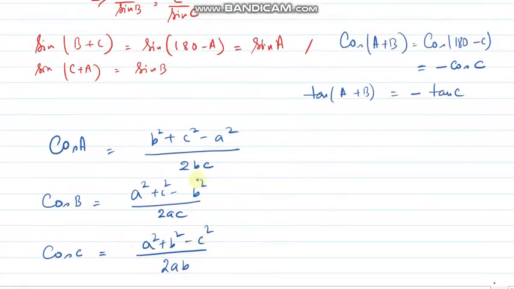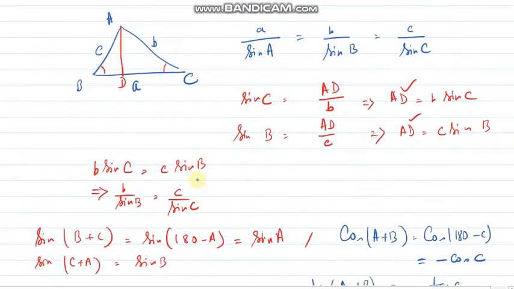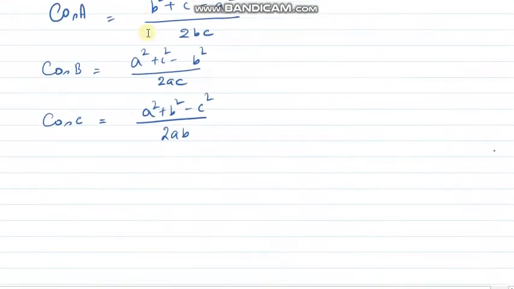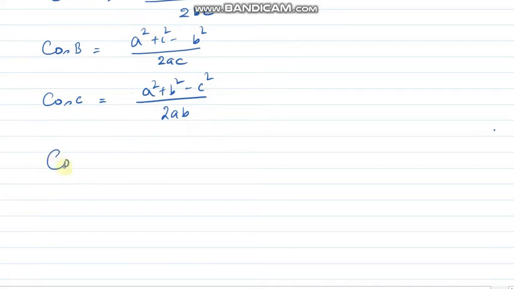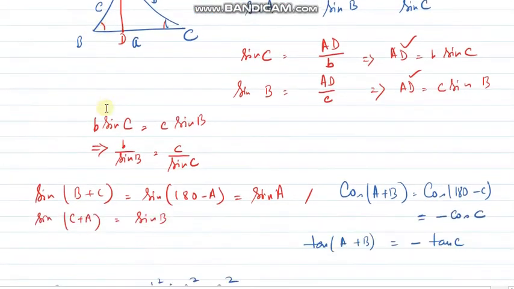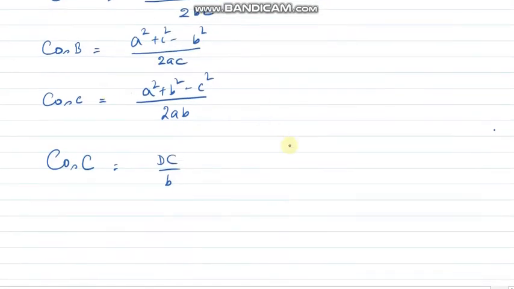Now let's derive this from the triangle again. Cos C will be DC divided by b, and cos B will be BD divided by c.